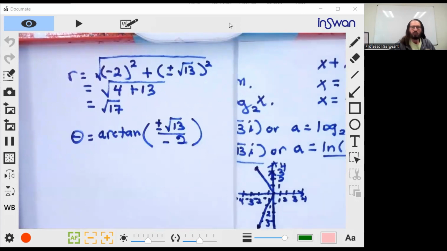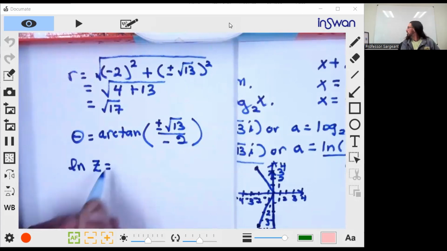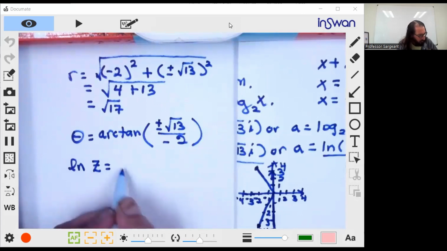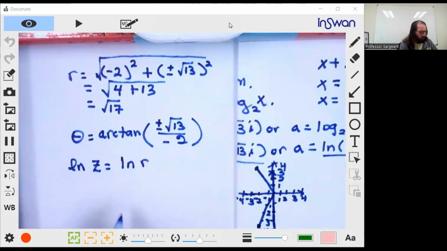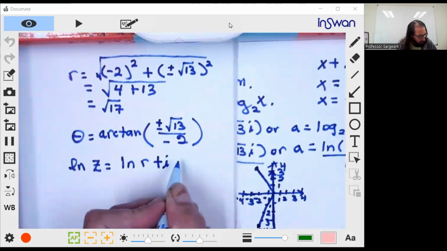So how do we then use that? The extension of logarithms from the real number system into the complex number system says this. The natural log of z would equal the natural log of r, where r is the radius or magnitude or its distance from 0 in a drawing like this, plus i times theta.